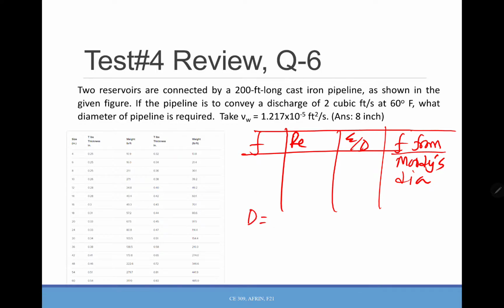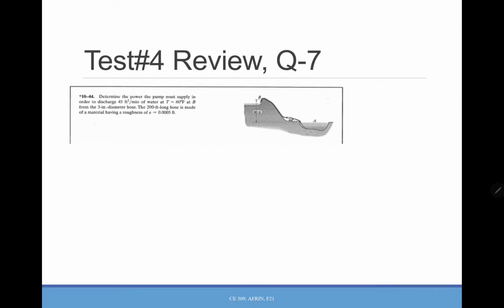Suppose you got something around maybe 7 inches. If you look at this table, there is no commercially available 7 inch pipe, so you need to choose the 8. So the design diameter will be 8 inch.